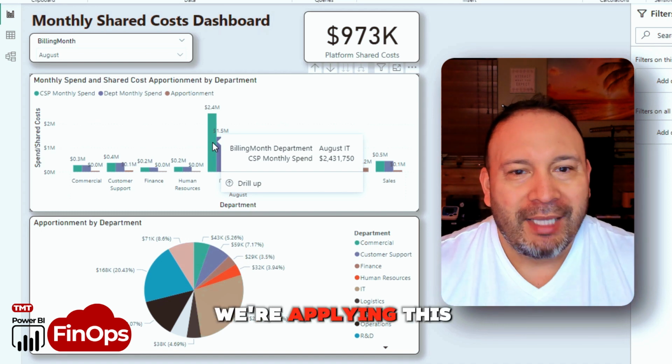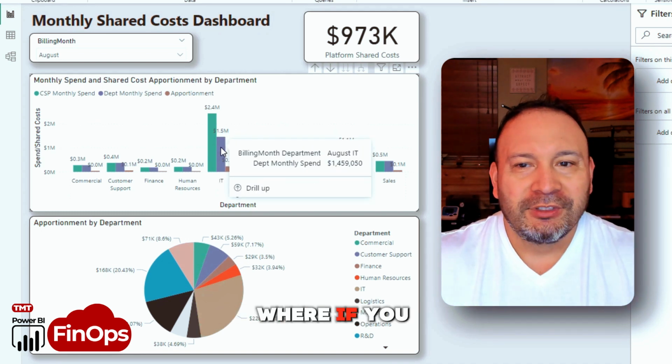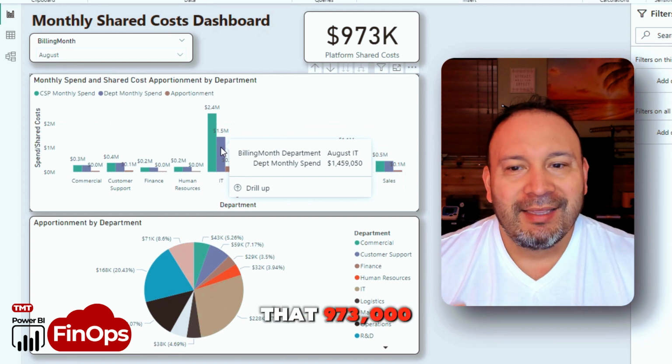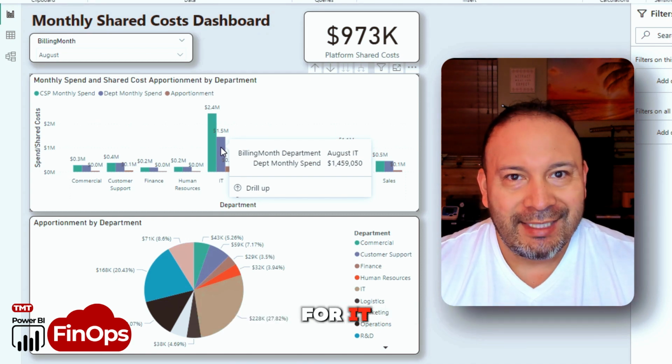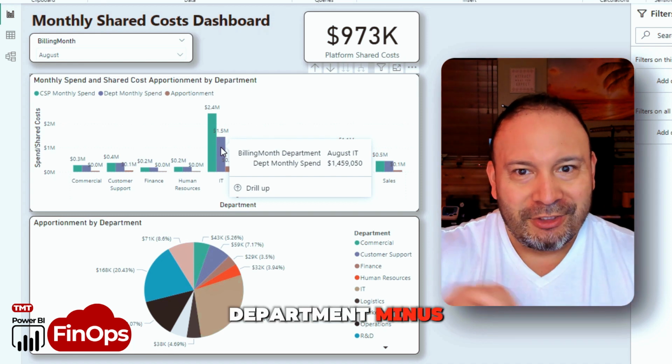And that's where we're applying this formula. So we have a department spend here, where if you subtract that $973,000, this is the actual department monthly spend for IT. So it's the department minus the shared cost.